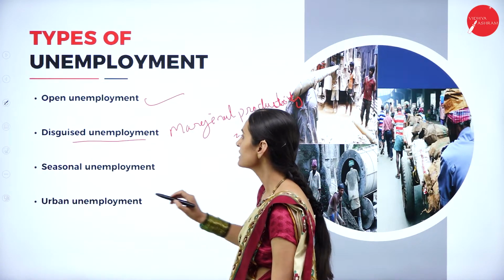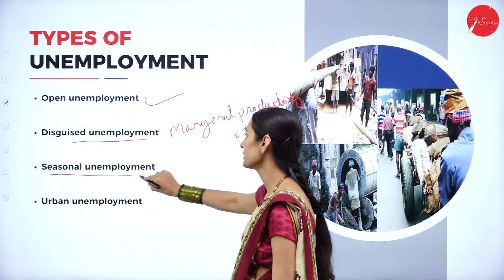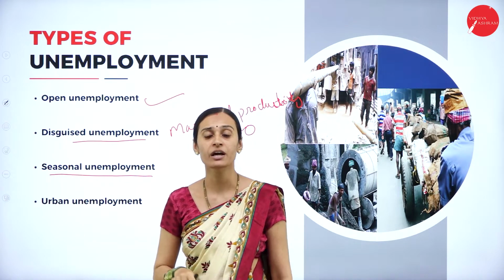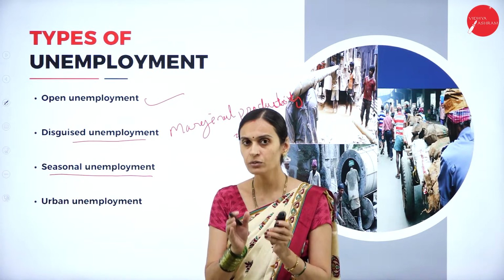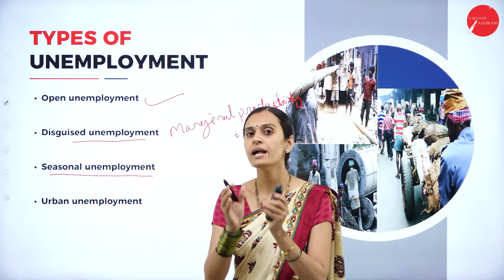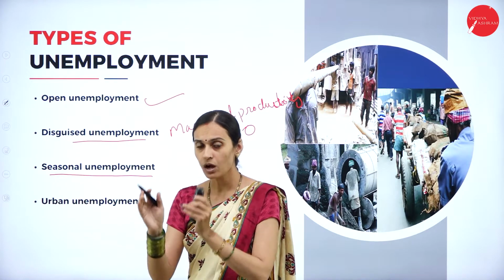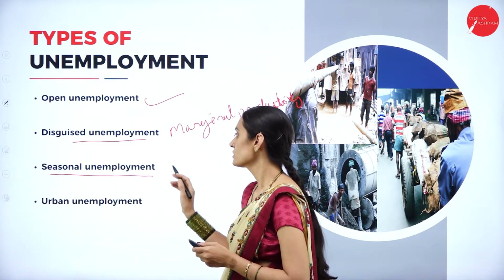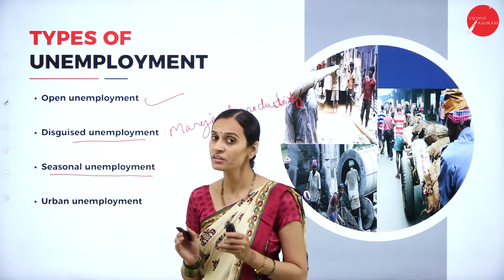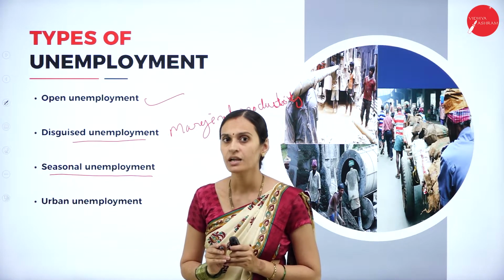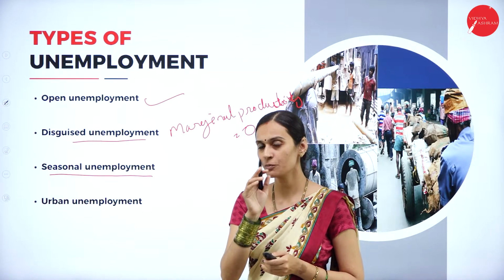And the next one, seasonal unemployment. In this situation, sometimes they have employment opportunities and sometimes they don't have opportunities to earn. So it is seasonal in nature and is a common phenomenon in our country. For example, it depends upon nature.